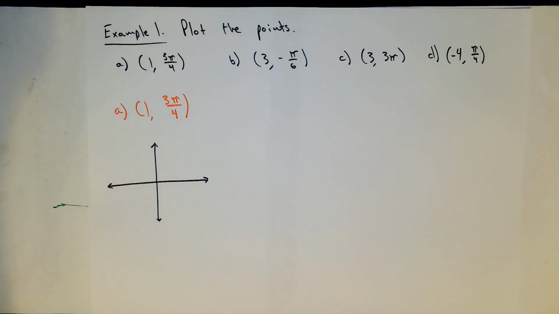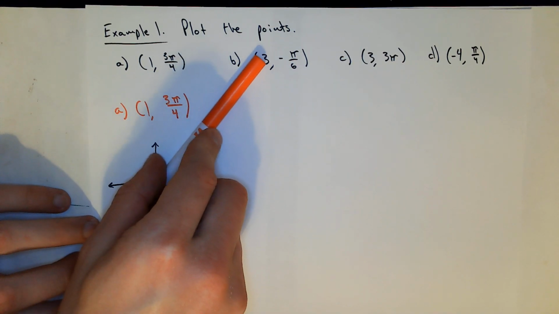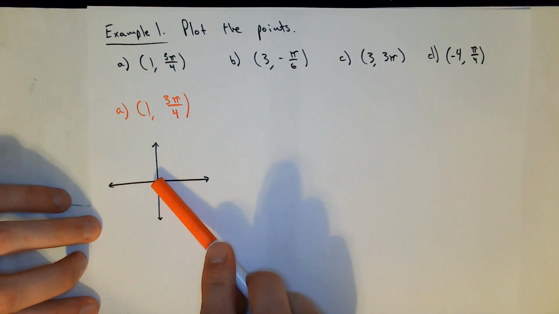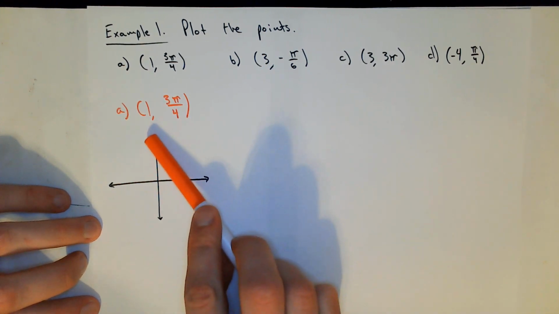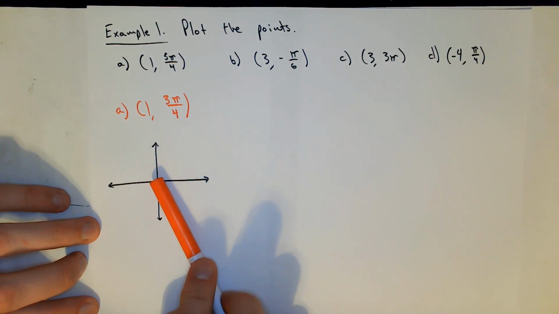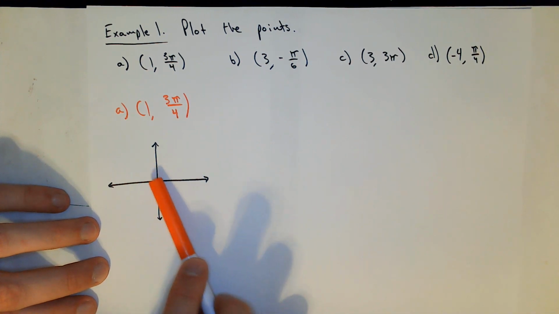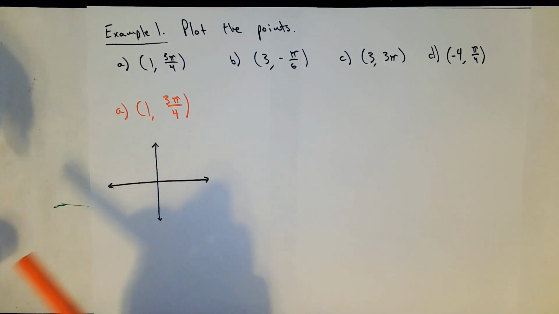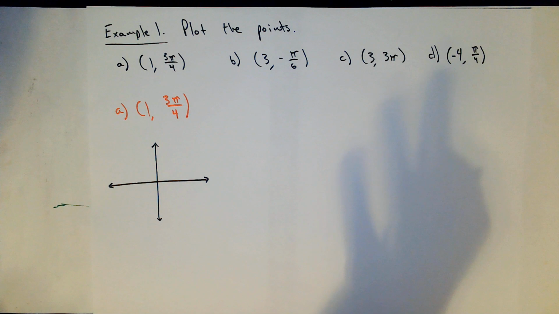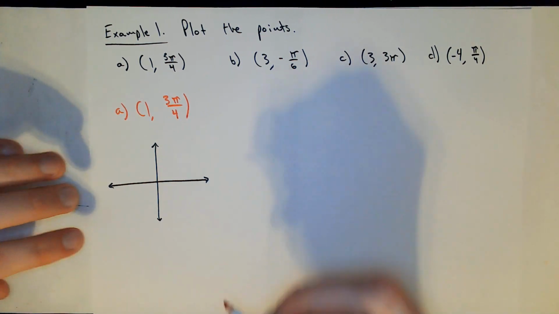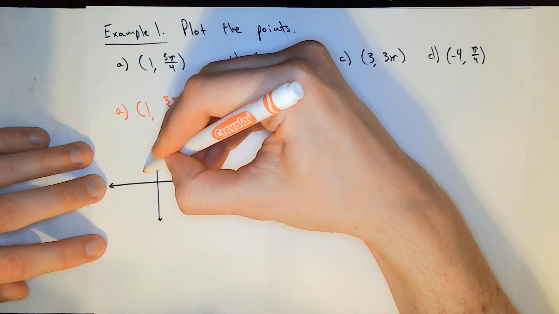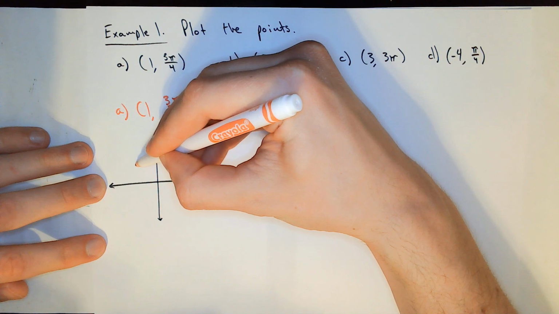In fact, I might even want to convert it to degrees if that makes you more comfortable. But maybe you know that this is pi on 4, right? Well, let me get my hand out of the way. This would be pi on 4. Straight up would be 2 pi on 4, aka pi on 2. 3 pi on 4 is going to land you over here. And we want to be a distance of 1 away from the origin, so, you know, somewhere, I don't know, maybe like here.